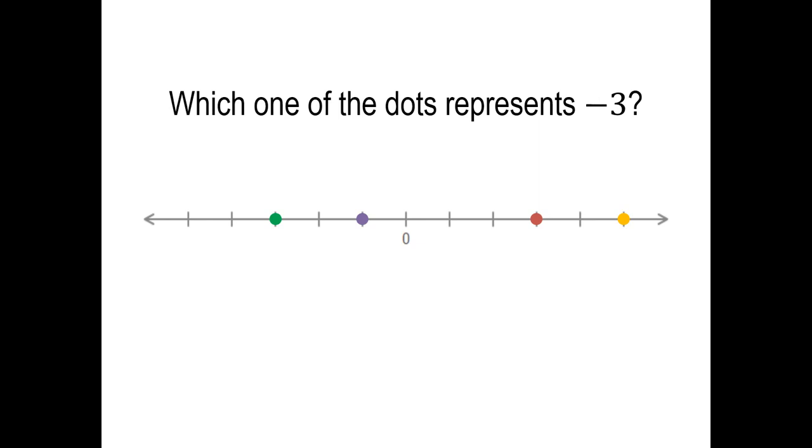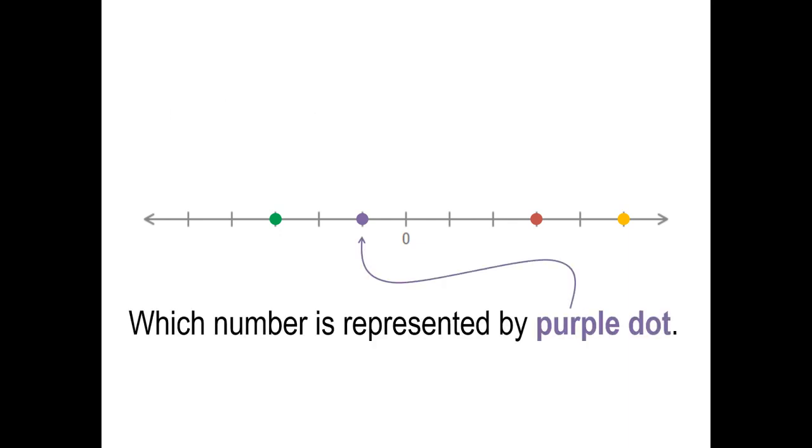Next, I am asking you which of the dots represents negative 3. Well, you can easily understand that the negative means it should be on the left side of 0. So 1, 2 and 3. This green dot represents negative 3 on the number line. Okay, let me ask you another question.